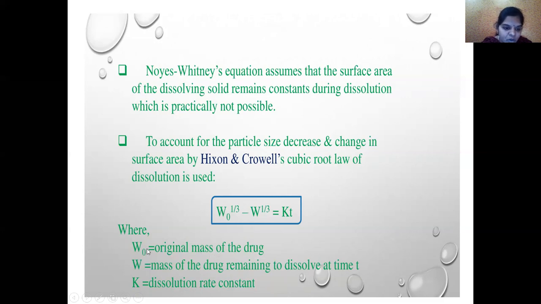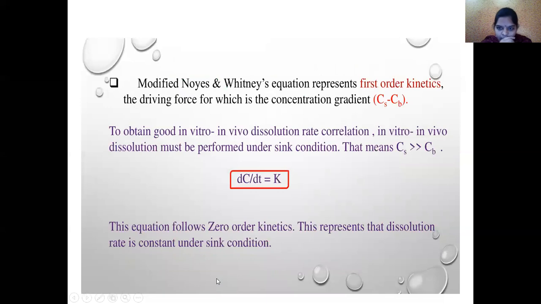So W0 is the original mass or weight of the drug, and W is the mass of the drug remaining to dissolve, and K is the dissolution rate constant.